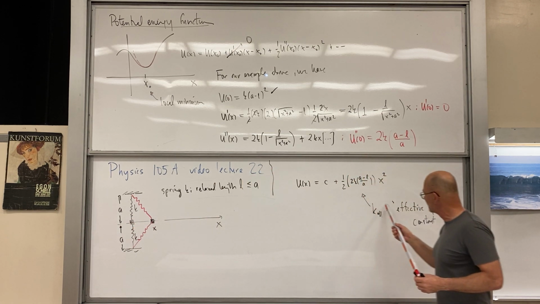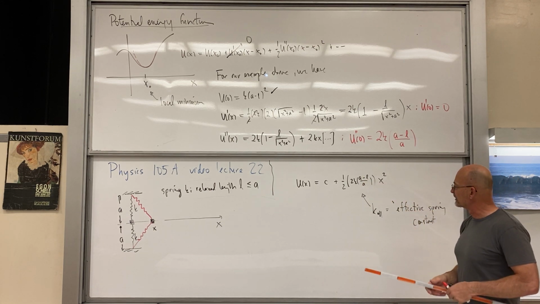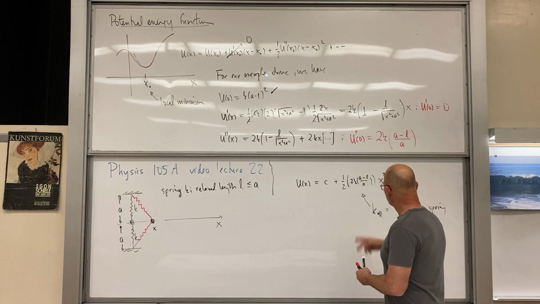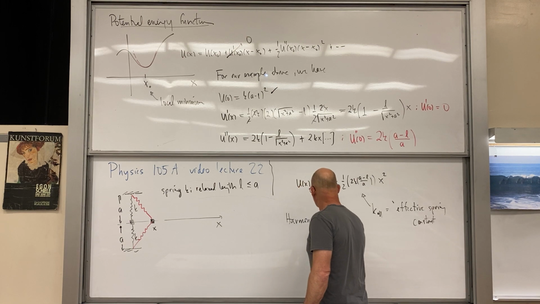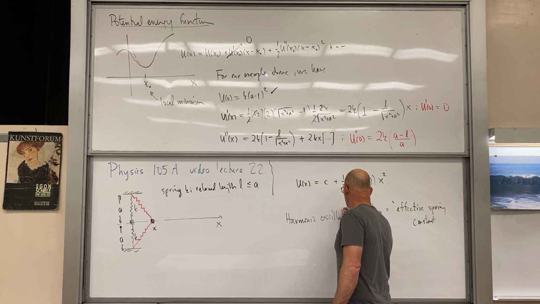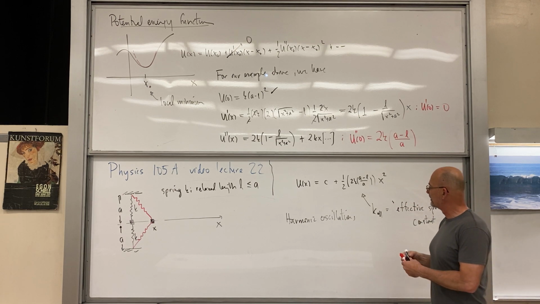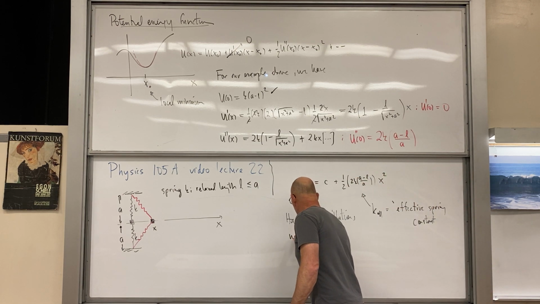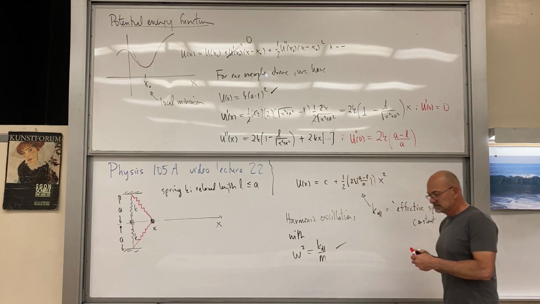As soon as you have a mass and an effective spring constant, you have harmonic oscillations. So you don't have to go any farther than this. You can say, okay, harmonic oscillations, because we've gone through that theory several times, with omega squared equals K effective over M. Okay, so that's the first thing.